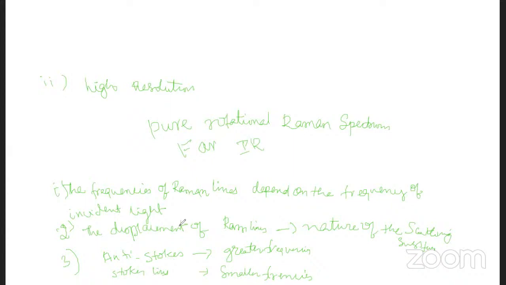Next, the lines of greater frequencies are called anti-Stokes lines, as we have already seen, and the lines of smaller frequencies are called Stokes lines.